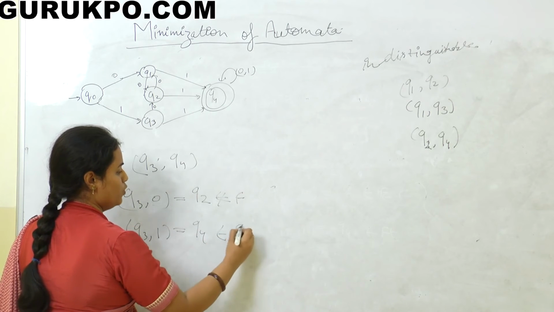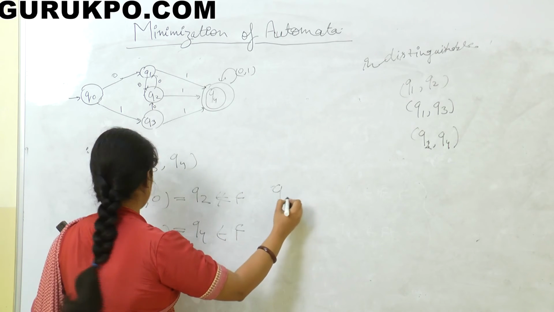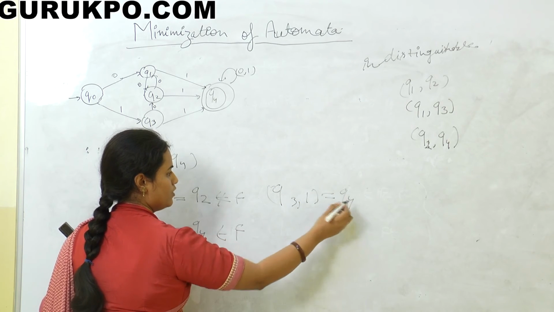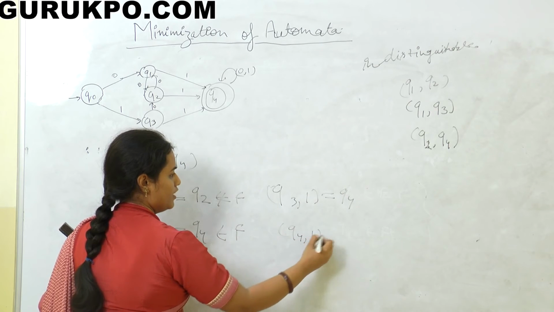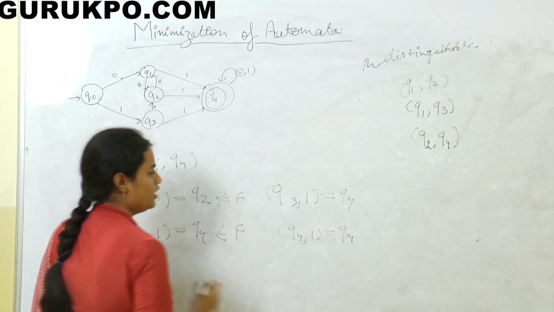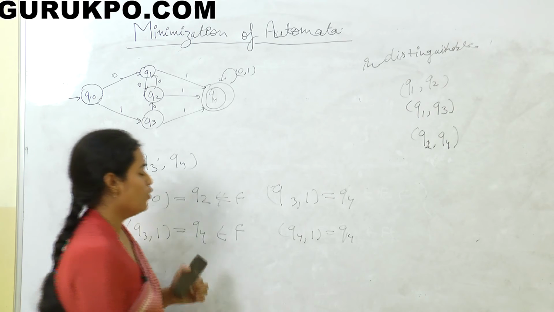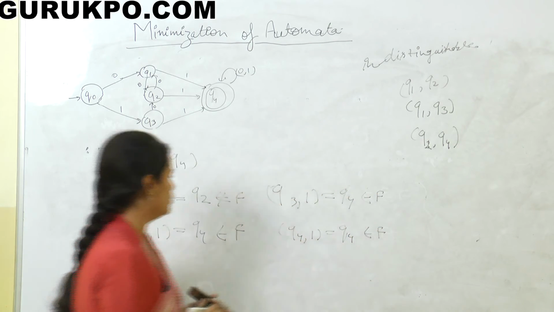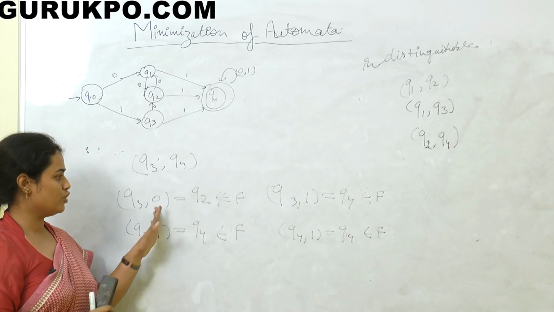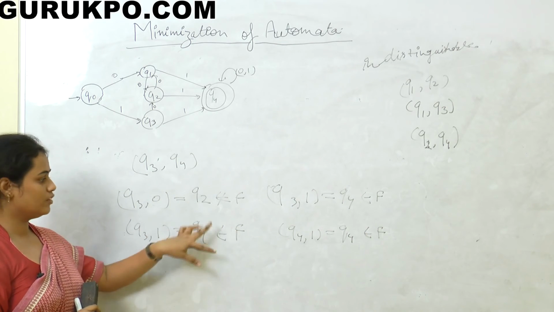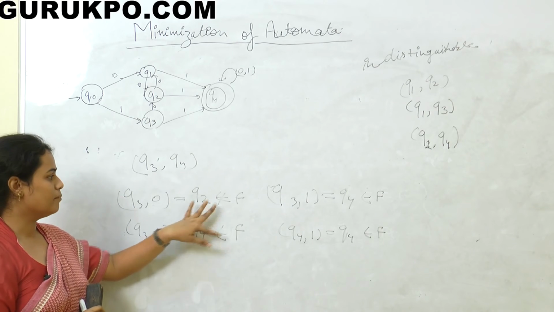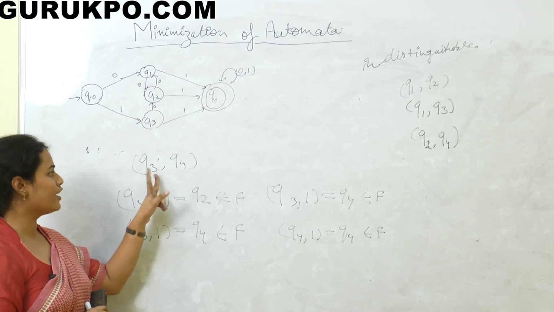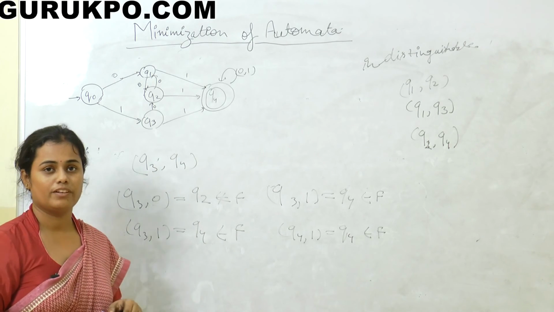At Q3 I am giving 1, I will reach the state Q4, and at Q4 I am giving 1, then I will reach the state Q4 as well. Now both belong to final on input 1, but at input 0 both are not having the same result. This output does not belong to F and this output belongs to F. That is why Q3 and Q4 are distinguishable.